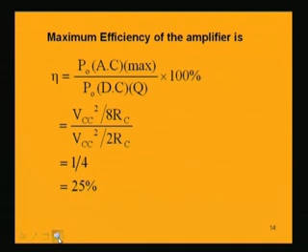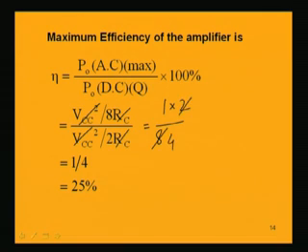So, the maximum efficiency of this power amplifier is given by VCC square by 8 RC divided by VCC square by 2 RC, just substituting the values for output power and input power, multiplying by 100%, because efficiency is always given as a percentage value. We get finally 1 by 4, because these cancel, only 1 by 8 remains and this 2 goes up.